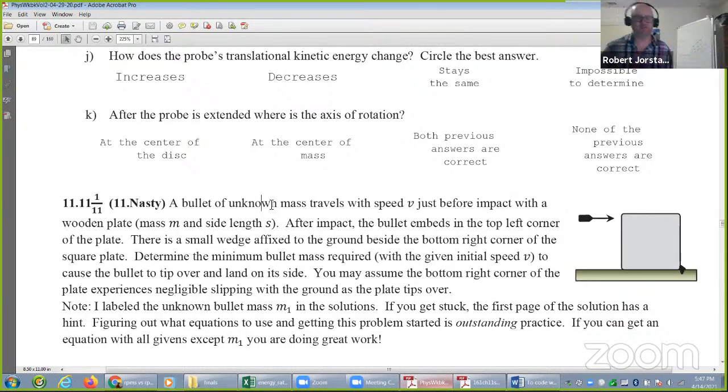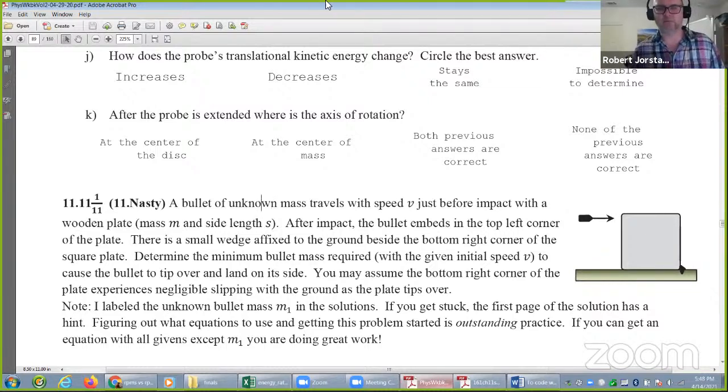So let's read this. A bullet of unknown mass travels with speed v just before impact with a wooden plate. The wooden plate has mass m and side length s. Got it. After impact, the bullet embeds in the top left corner. There's a small wedge fixed to there.